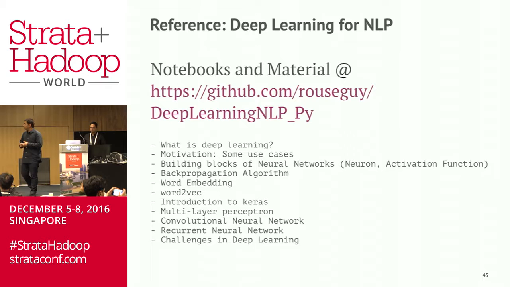It's one day long, and it goes into much more detail around how a neural network works, how the backpropagation algorithm works, how you can train it on word embeddings like word2vec, how to get started on Keras, how to use a multi-layer perceptron, and how to add CNNs and RNNs together to do text. It's all on text. It was done very recently at PyCon Europe.